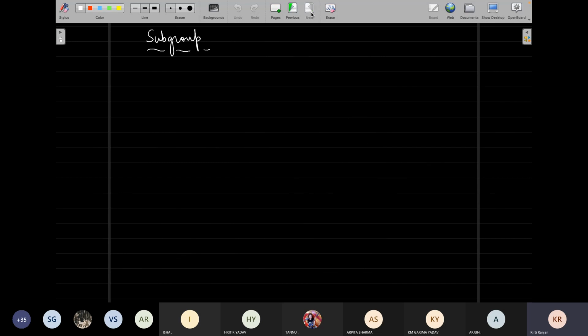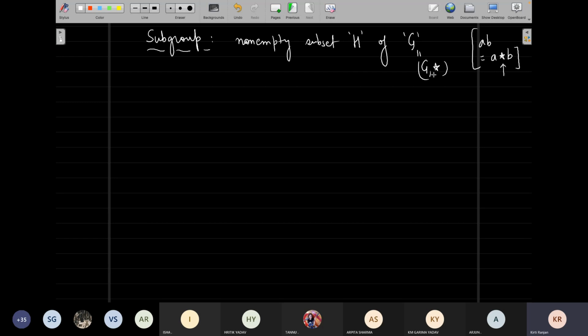But let's first start with what we call the subgroup, a simple concept. A subgroup is something which is basically a non-empty subset H of the group G. Now, whenever I am writing group, please understand this, and also remember that whenever I am writing this AB, it means that I am writing this A star binary composition.